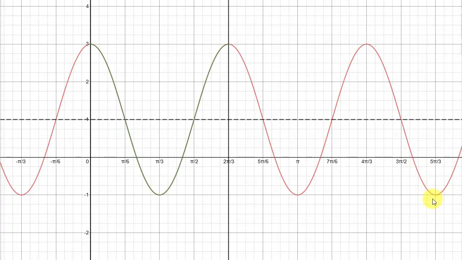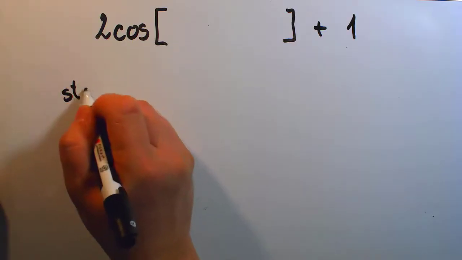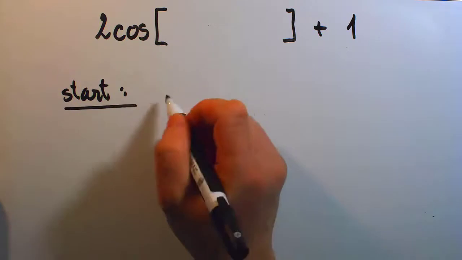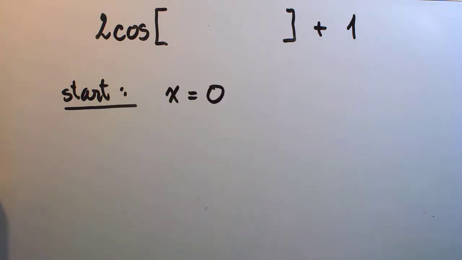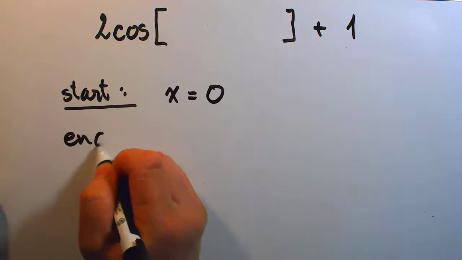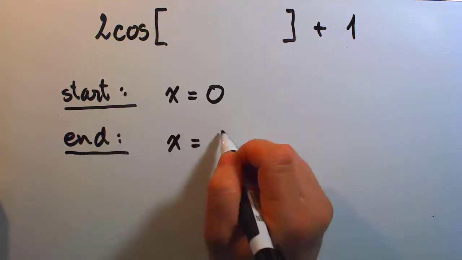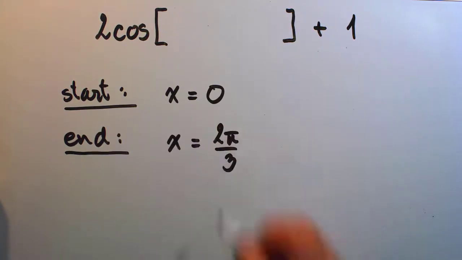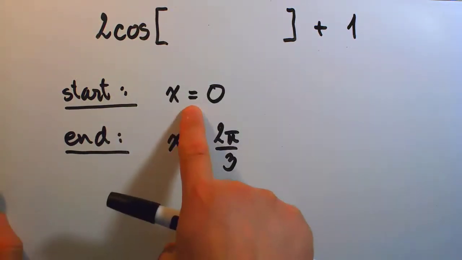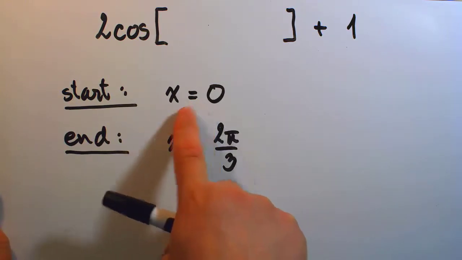So where I put my two vertical lines, defining the start and the end of the base unit, the start is at x equals 0, and the end of my base unit is at x equals 2 pi over 3.